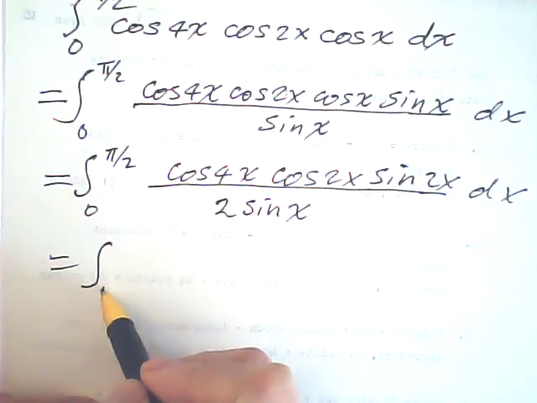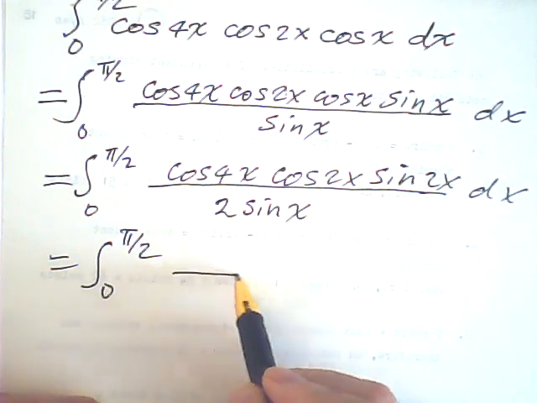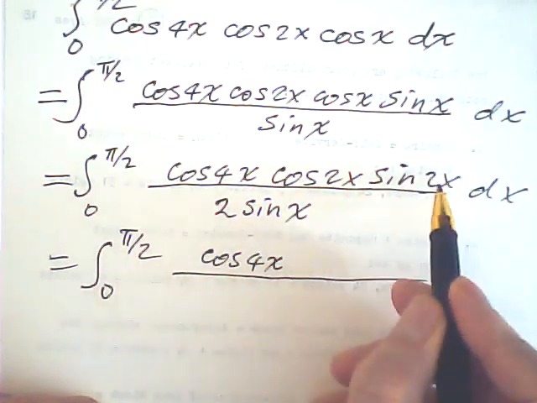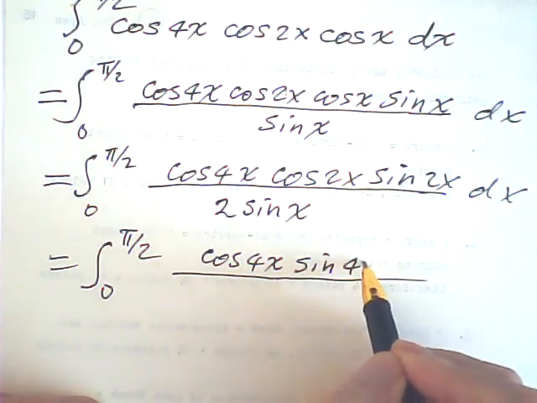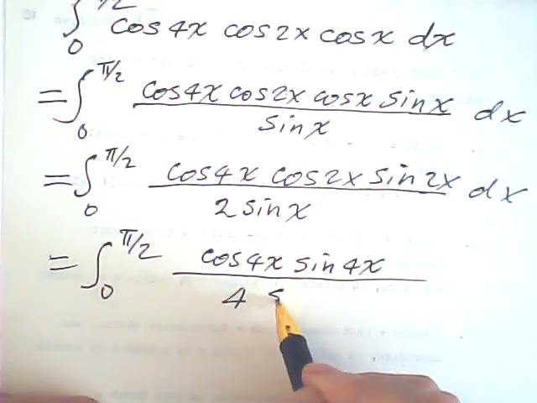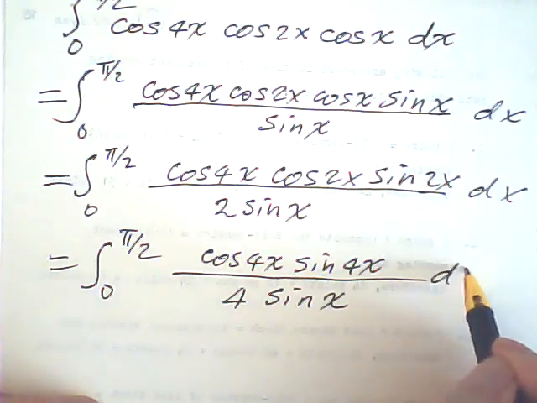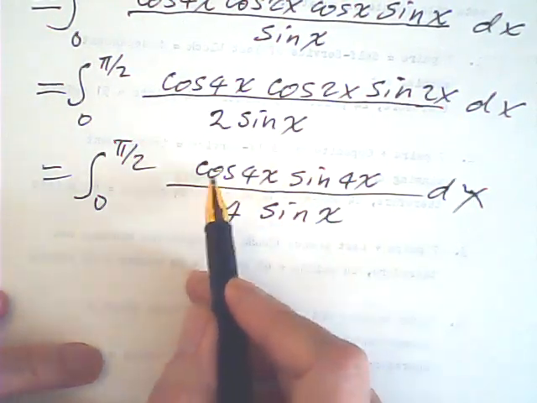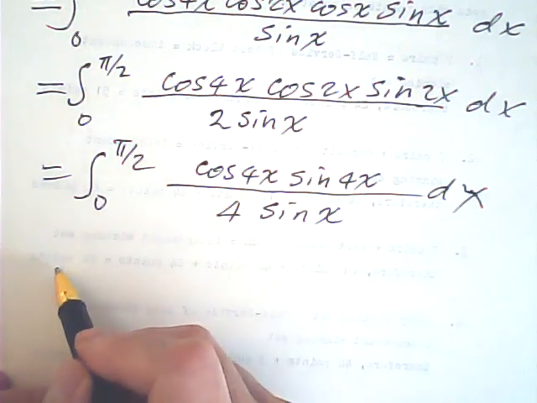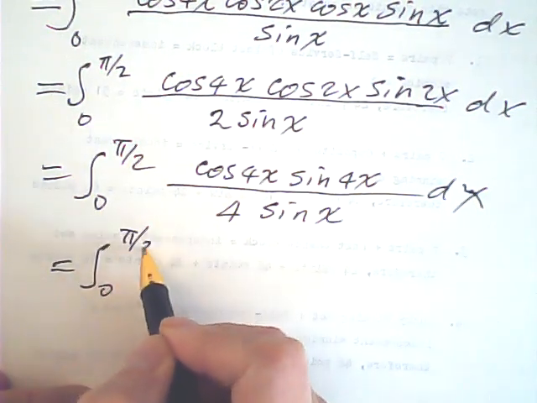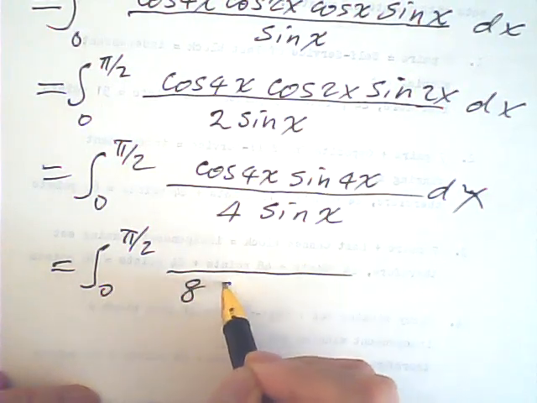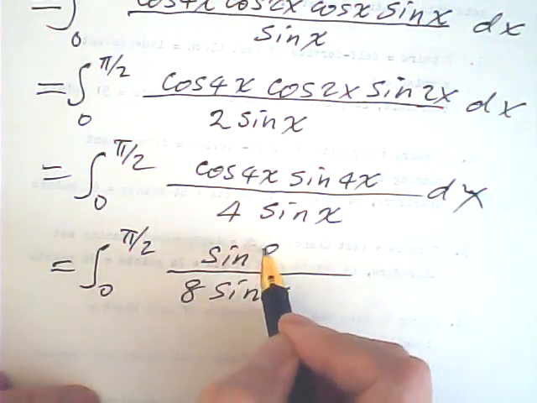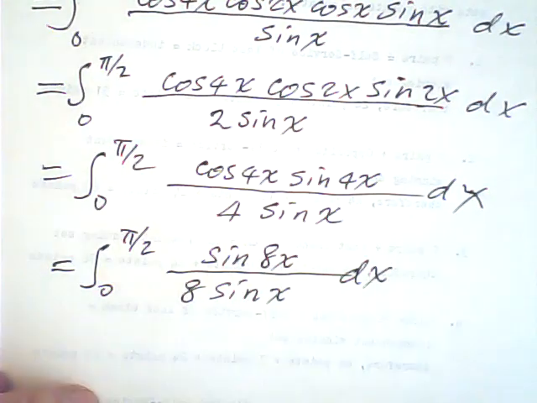So this one is equal to cosine 4x, this is sine 4x times half, right? dx. And again, this is a 1/2 sine 8x. So this is 8 sine x and sine 8x dx.